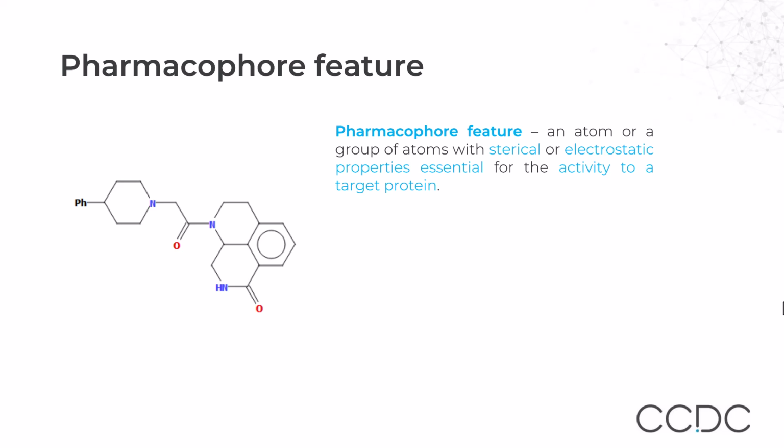But to understand what a pharmacophore is and to unwind this very sophisticated definition, let's start from another definition, which is not that rigorous, but very helpful when you try to understand the pharmacophore concept. A pharmacophore feature is an atom or a group of atoms with steric or electrostatic properties which are essential to the activity against a target protein.